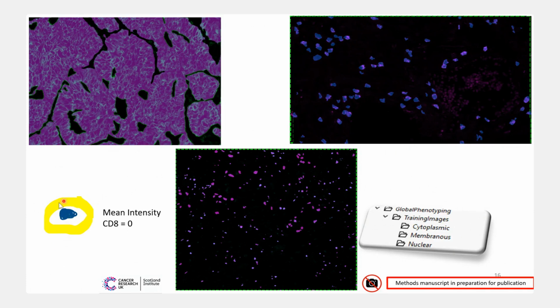Because it's not actually touching where the stain is, if we were to just take the mean intensity of that, it would be 0. Even if we use 100% of the object, it's not touching it, so it would be 0.